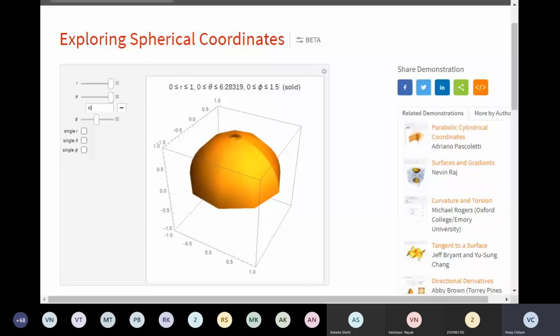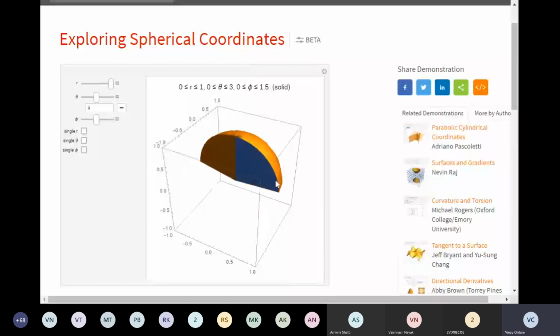So now if I make it pi by 3, you could see that you have cut the hemisphere into half. Can you see this? So here, the area was half of it. When I change this theta, in our case it's actually a phi, to a pi, this is the portion of the sphere we have, which is now 1/4 of the area of the sphere.